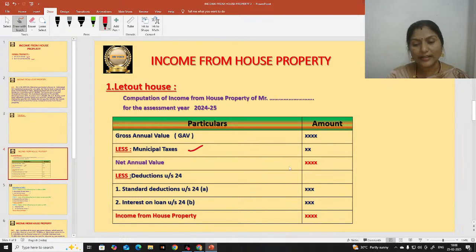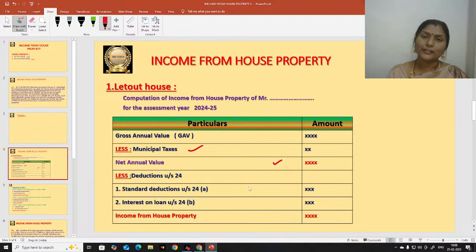These municipal taxes are available in the question. If we deduct these municipal taxes from gross annual value, we get one value that is known as net annual value, which we can call NAV. Next, deductions we give under section 24.